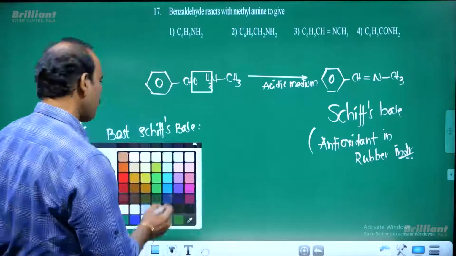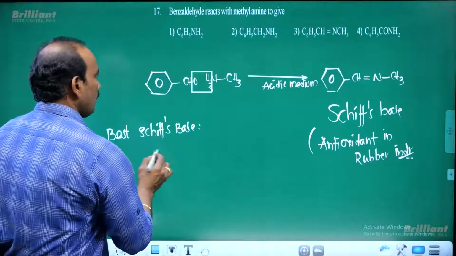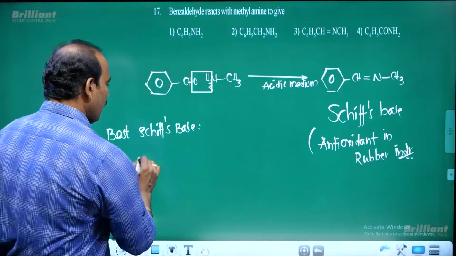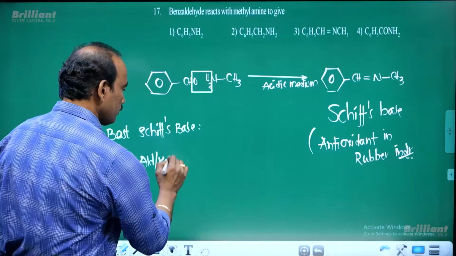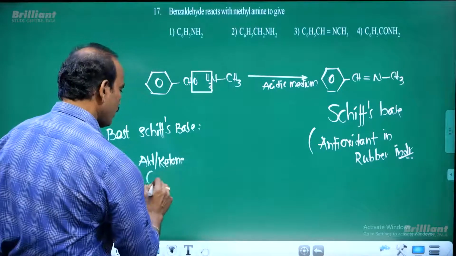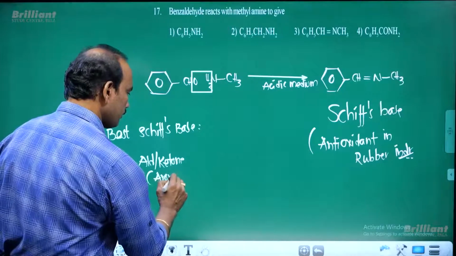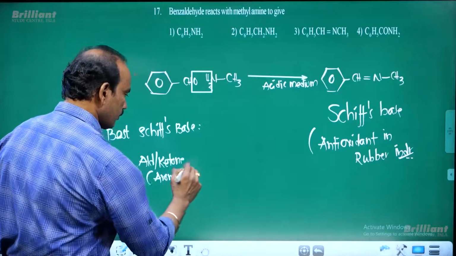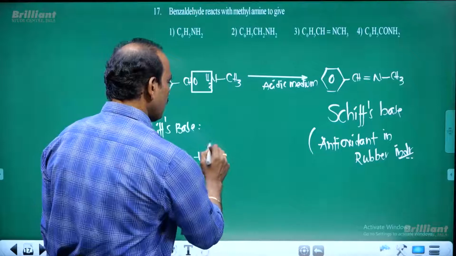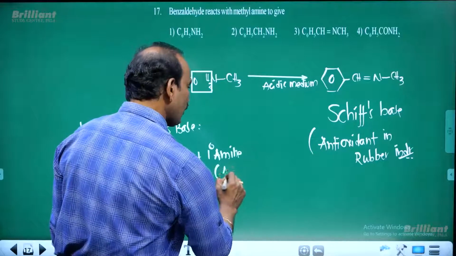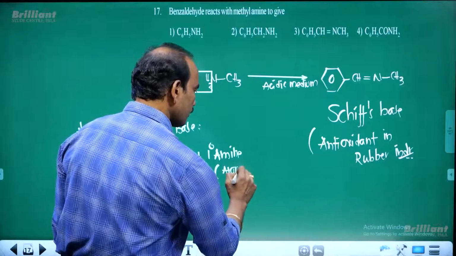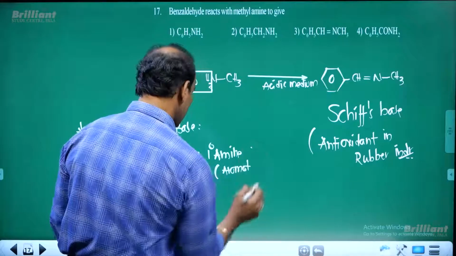So what's the best Schiff's base? Then this is aromatic aldehyde or ketone, and the primary amine is also aromatic. Aromatic is the best.